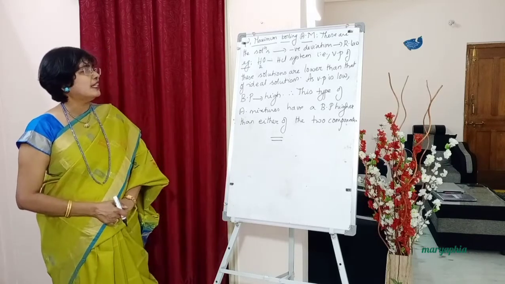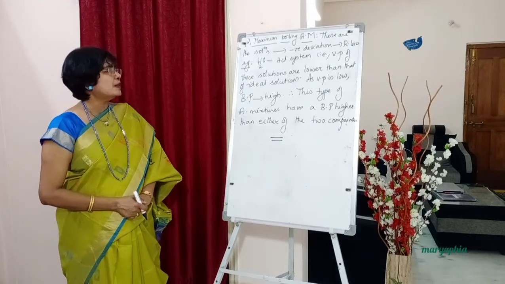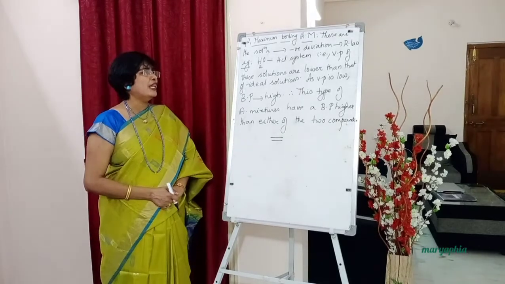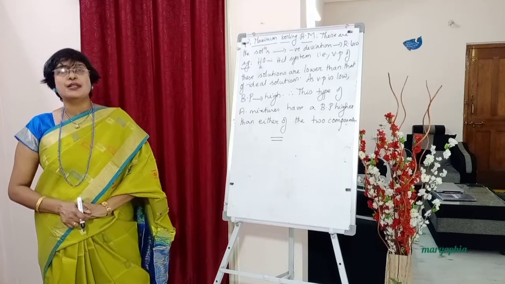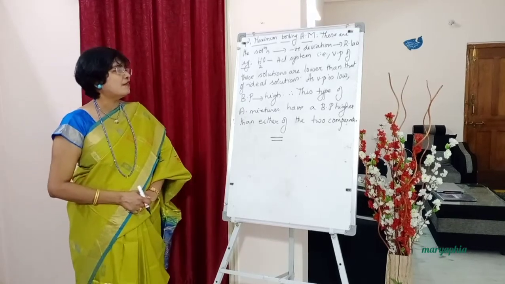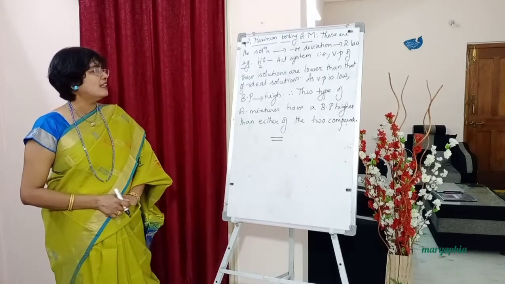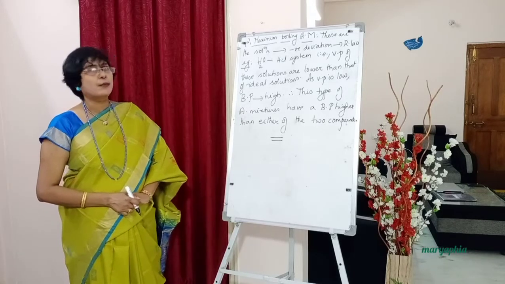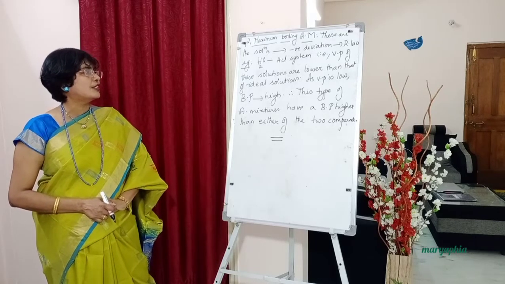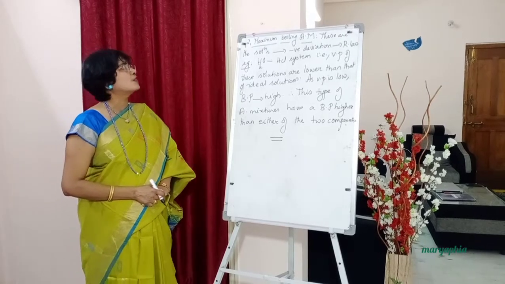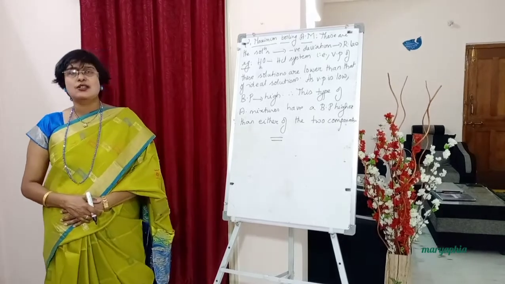So vapor pressure is low means boiling point will be high. Therefore, this type of azeotropic mixtures will have a boiling point higher than either of the two components. Full stop. So this is nothing but maximum boiling azeotropic mixtures.